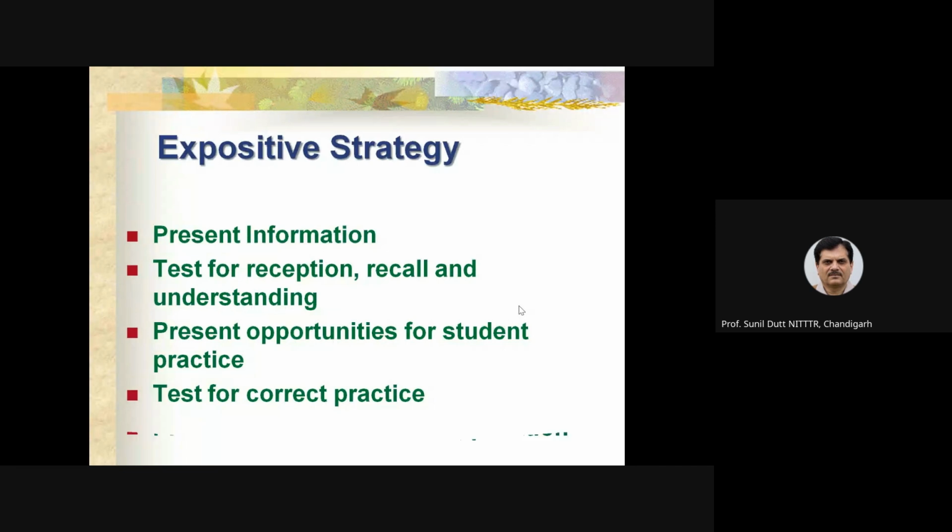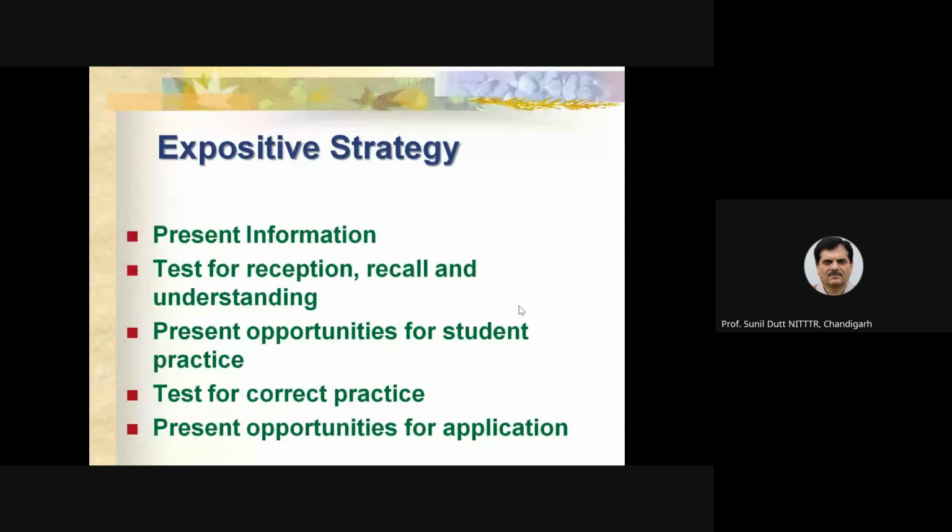And finally, giving them more opportunities for application, a chance to use their newly learned information or skill on the actual job, real situations or real problems. So this is the expositive strategy.